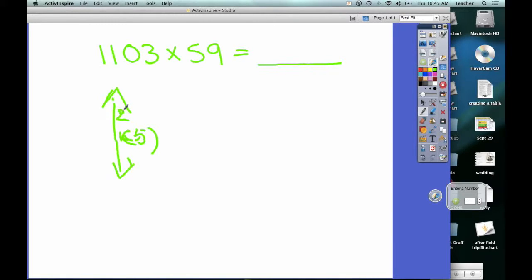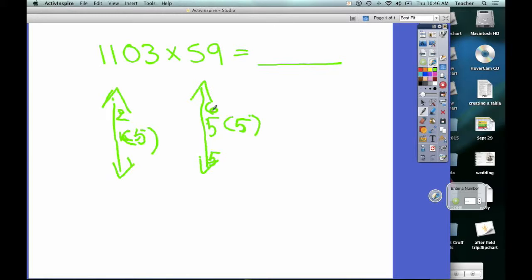And then we're going to come over here to 59. We're going to draw the vertical number line. We're going to put the 5 down here. We're going to do 5 parentheses 5. And then that becomes a 6.